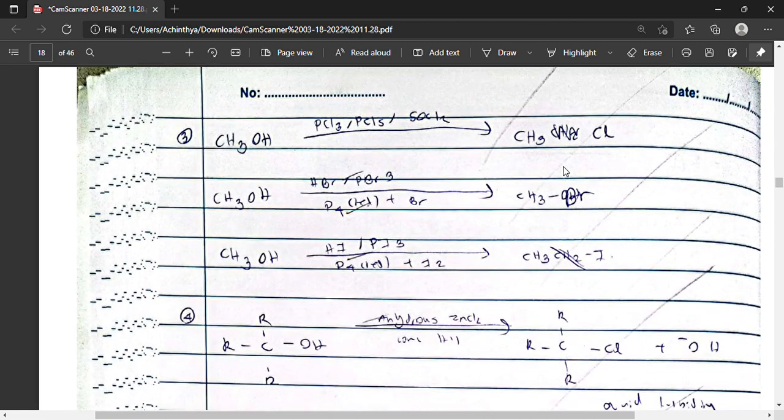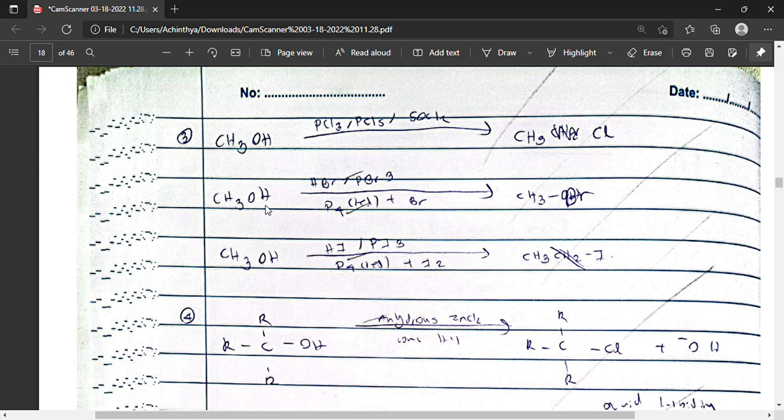Another thing we can do to alcohols is undergo halogenation to produce the respective alkyl halides. We can heat an alcohol with PCl3 or PCl5 or SOCl2, and we can get alkyl chloride.